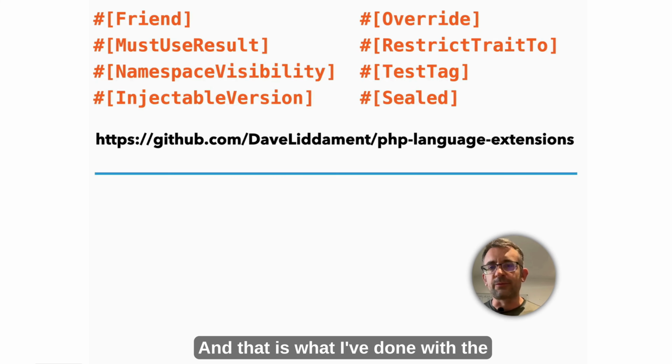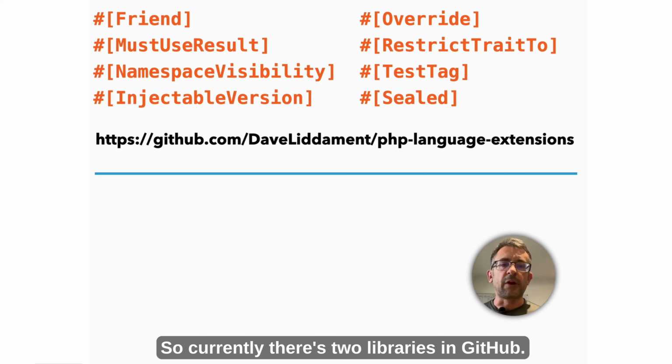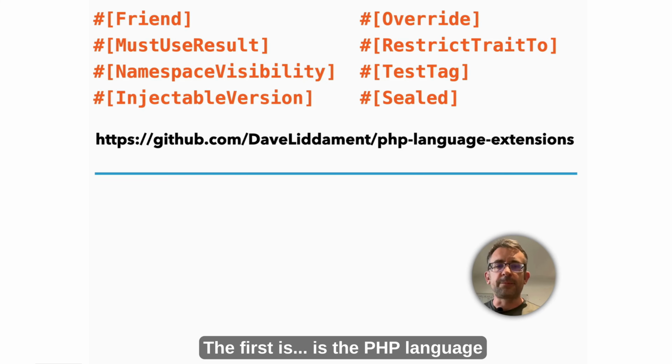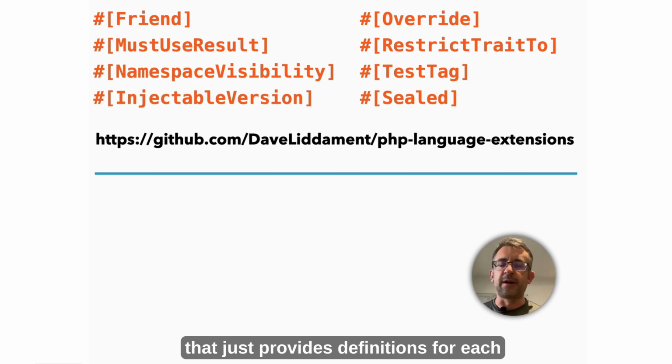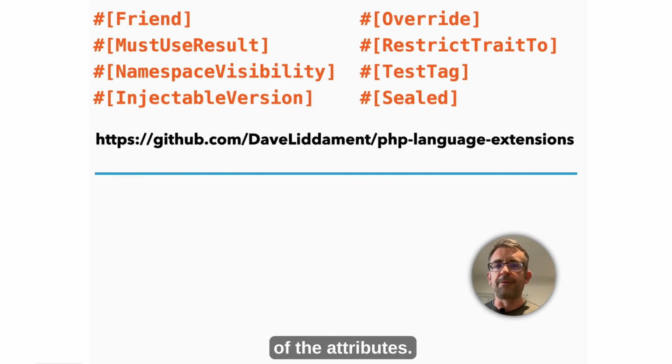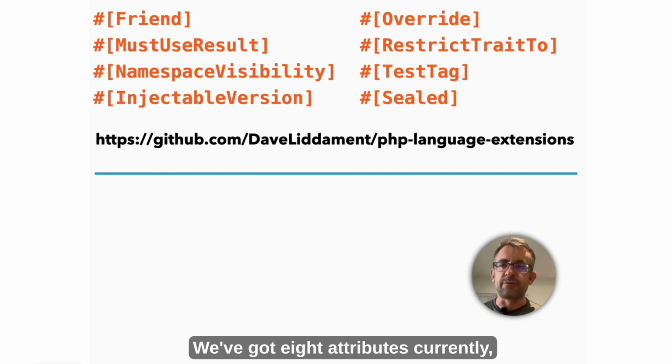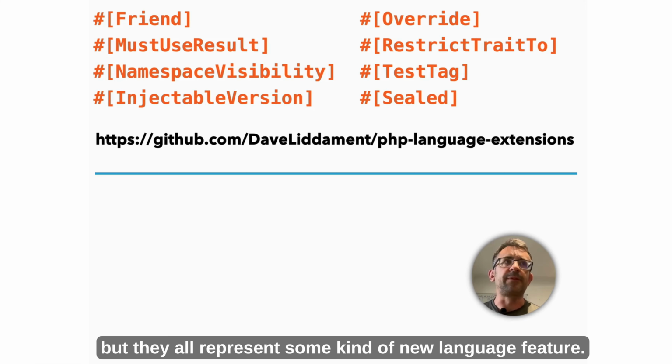And that is what I've done with the PHP language extensions library. Currently there are two libraries on GitHub. The first is the PHP language extensions library, and that just provides definitions for each of the attributes. We've got 8 attributes currently, and they all represent some kind of new language feature.